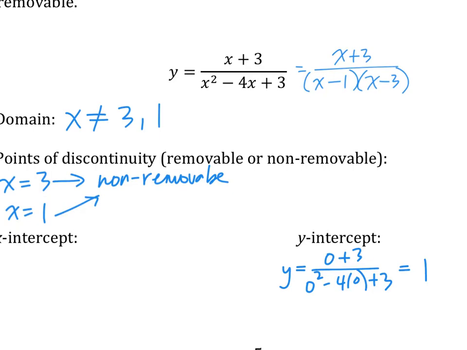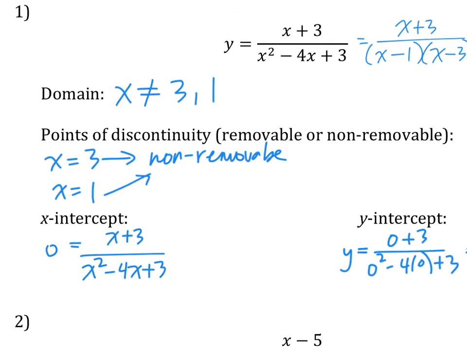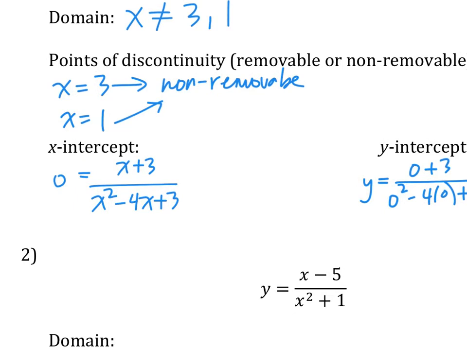All right, x-intercept is when what happens? y is 0. 0 equals x plus 3 over x squared minus 4x plus 3. How do I solve this? Multiply by the denominator, which will give me just 0. Right? 0 times everything is 0.